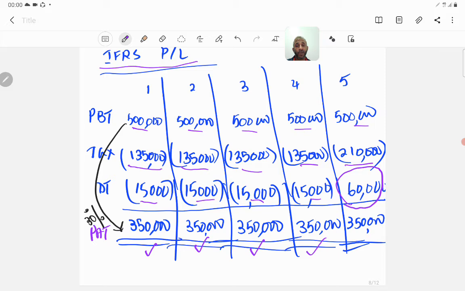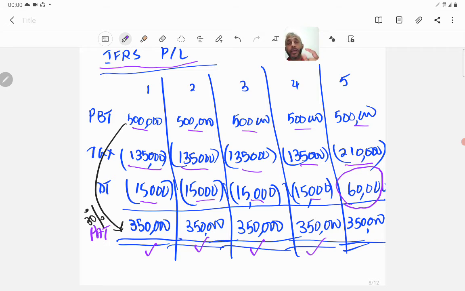If you see 500,000 minus 135, how much are we getting? 365,000. So every year I'm going to get 365,000, 15,000 more profit based on this example. Then the shareholder may anticipate additional dividends, which is what's going to happen later, when this temporary difference could start to reverse, and then I may have a very little profit.